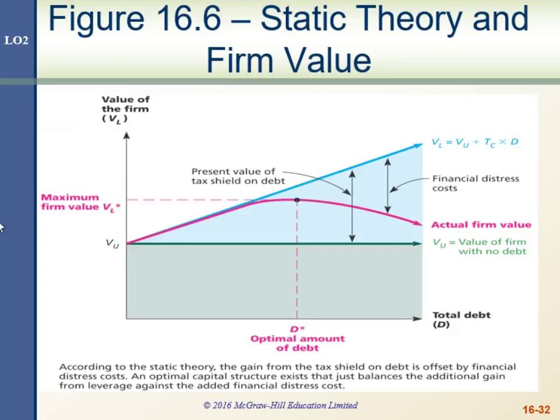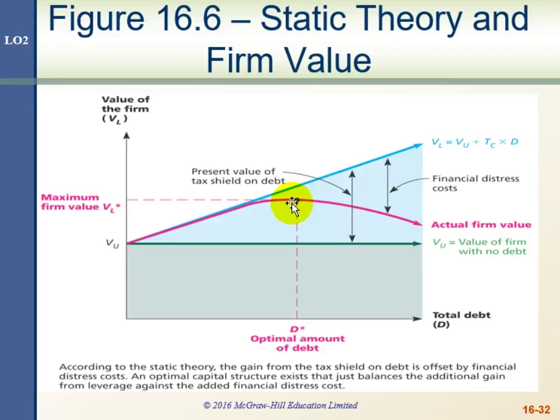So if we're graphing the value of the levered firm, previously with the assumption of no financial distress costs, that is just linearly increasing by the amount of the debt times the corporate tax rate. Well, we see if we add financial distress costs, at some point the present value of the future cash flows available to debt is going to go down, so debtholders are going to demand a higher return.